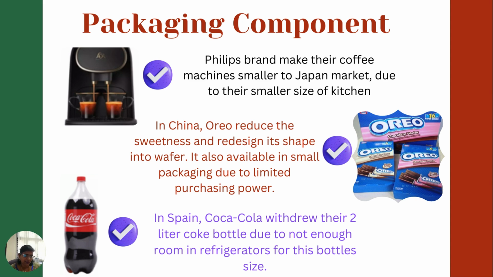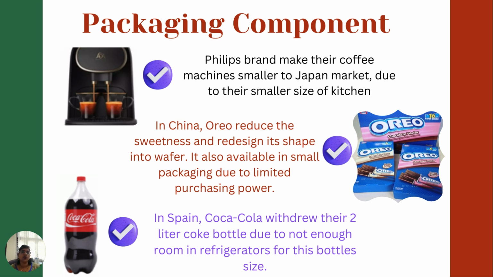But when they redesigned their packaging according to the customers, they changed the shape of the Oreo from round to a wafer design. It is less sweet and also in a smaller packaging with a low price. So it is more affordable for the local consumer to buy and use.